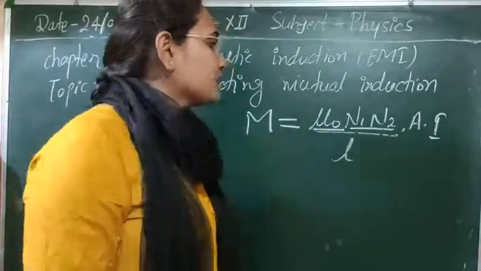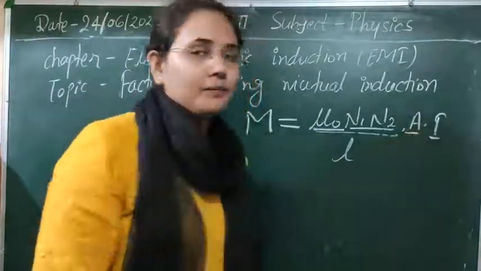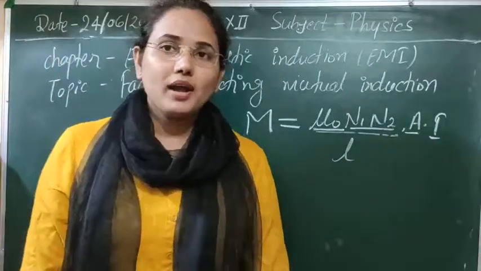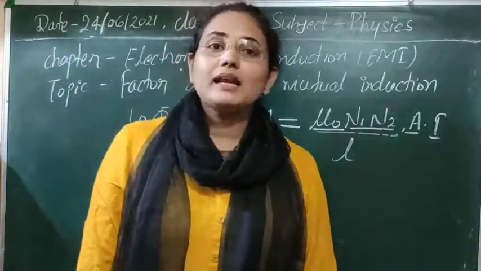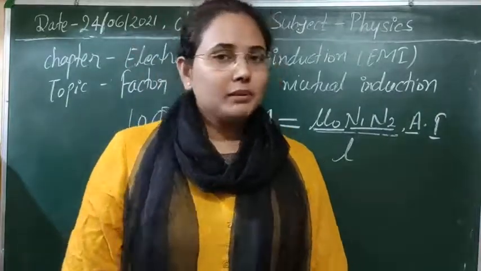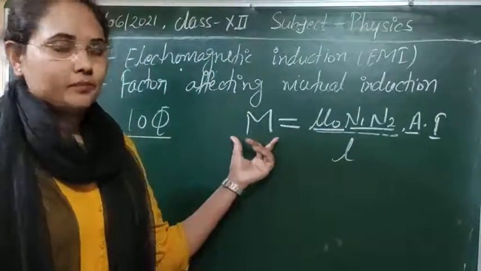The next factor is the area of the coil. If you want to increase the mutual inductance between two coils, you can increase the area of the coils. The greater the area, the greater the mutual inductance between them.